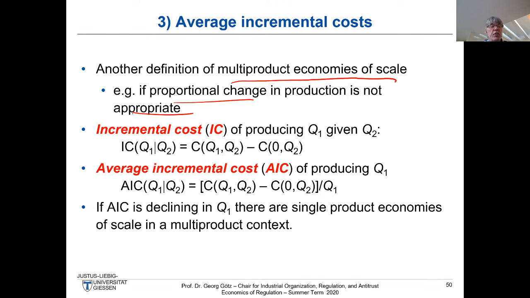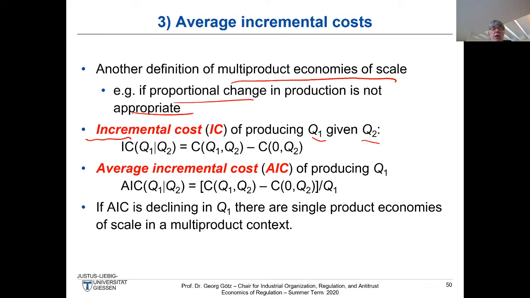Because this gives you an idea how much you need to produce of that car, given a certain willingness to pay of consumers, so that you reach the break even. Perhaps I get back to this example later on, but just let me define what incremental costs are. The incremental cost of producing product 1 given product 2.